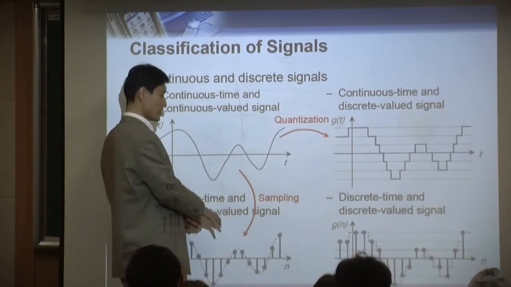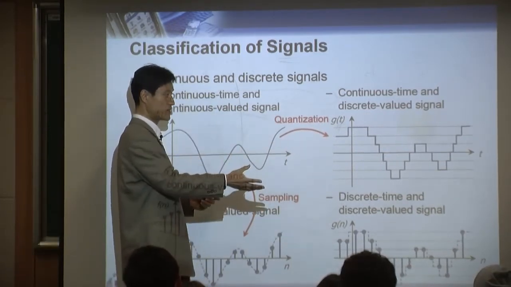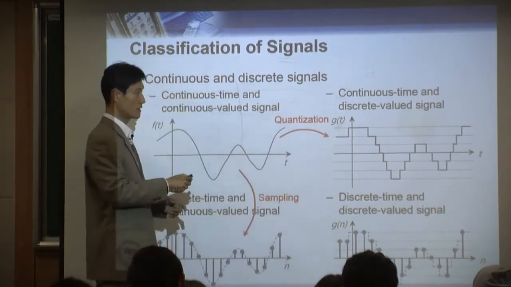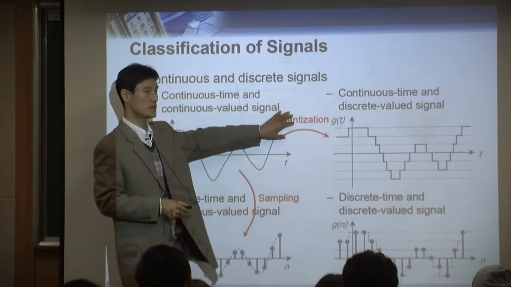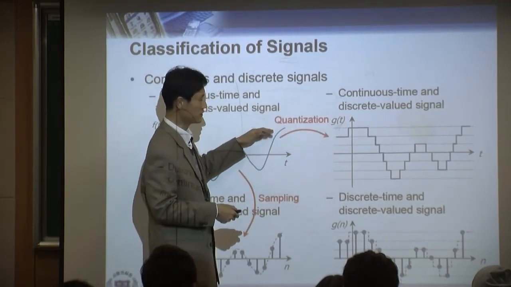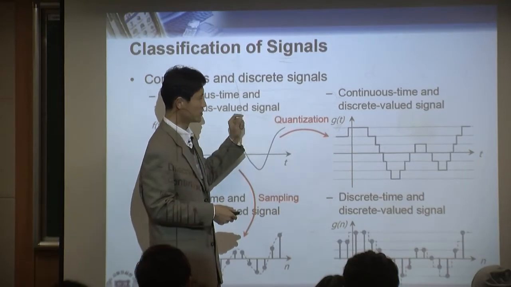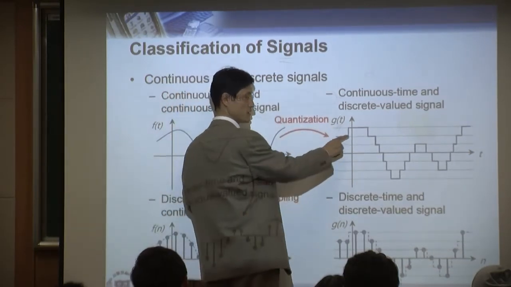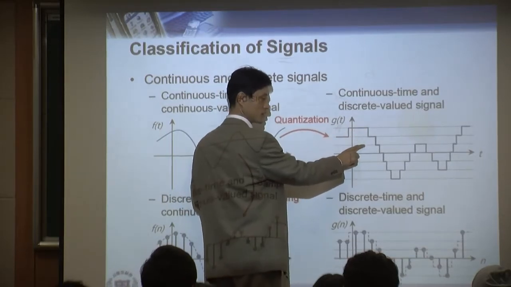So to change the continuous value to a discrete value, we use quantization. What quantization means is that your value cannot be any value, like an analog continuous value. Your value has to be a discrete value. So your value is going to be either this one or this one, this one, this one.